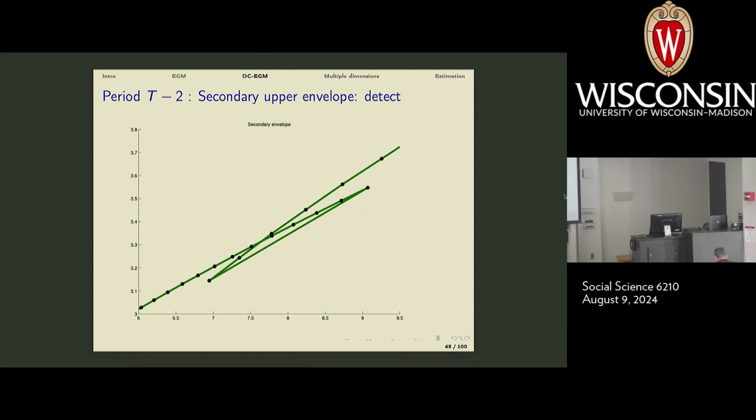So in practice, this is how it happens. Imagine that I'm going through a grid of savings, A's, and I'm recovering this point. I'm plotting, this is wealth, and this is value. Yes, this is value function. And so I'm going through different possible levels of savings, and I'm recovering this point. Okay?